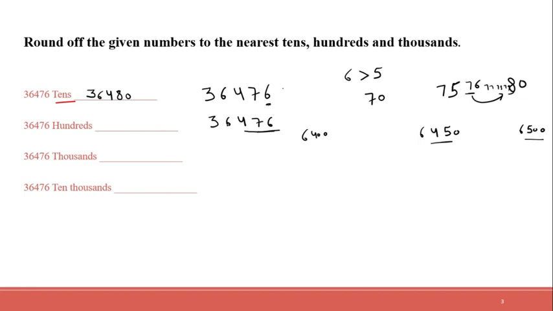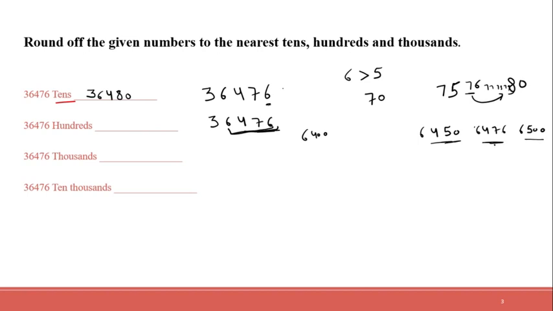So the number is 36,476. This part of 36,476 will be somewhere here, right? 6476, because it is more than 6,450 but less than 6,500. So it is somewhere here.